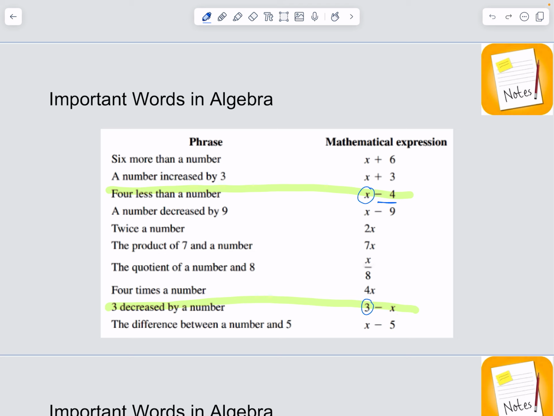So the order on those is really important. Make sure that you are taking it slow on the subtraction word problems to decipher them correctly.